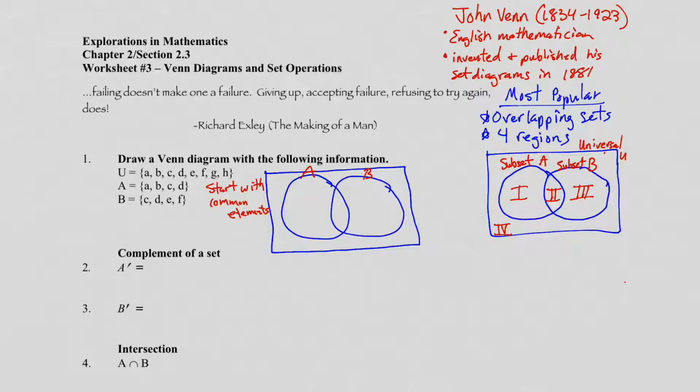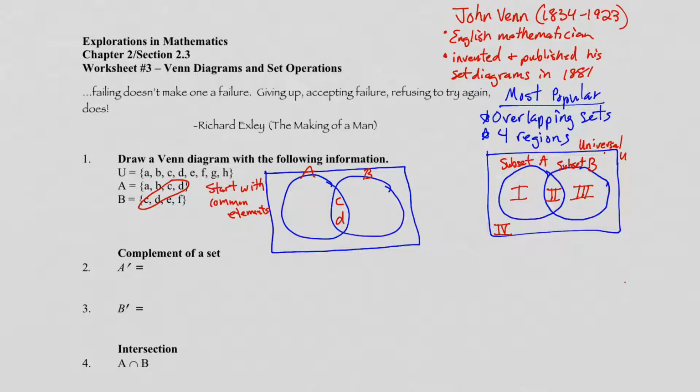So A and B, what do they have in common? They have C and D. They both have C and D. That means they need to go into region 2. So you always start in the middle. That's what they have in common.